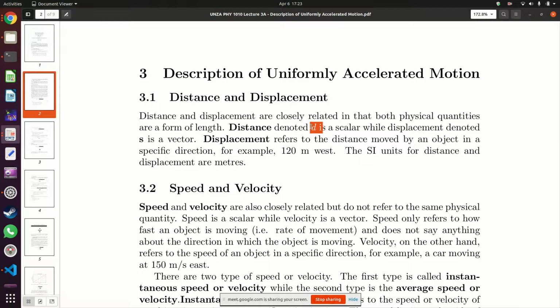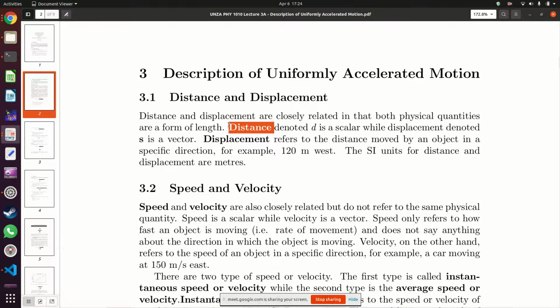So if you move a distance of 100 meters, that's how much length you have moved. If an object moves a distance of 100 meters, or you run a distance of 100 meters, that's how much length you have covered. That's what we call distance. There is no information about the direction in which you're running. So distance does not have direction. It has got size, but no direction.